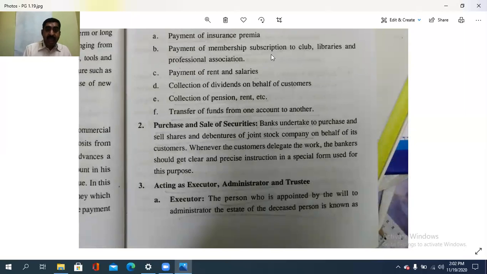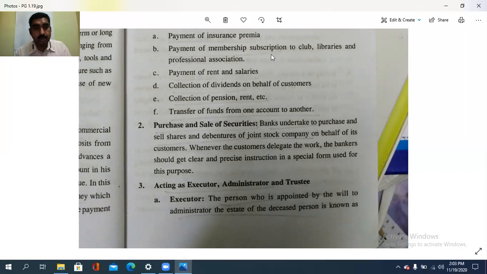And also acting as an executor, administrator, and trustee. A bank acts as a trustee, or as an administrator taking over some undertaking, and also as an executor, meaning to execute that work.